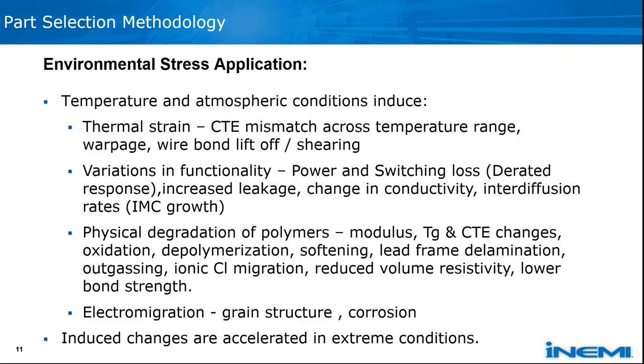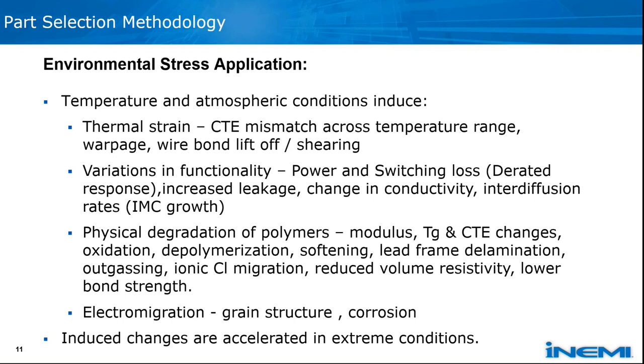So if we look at these environmental stresses, we're looking at the temperature and atmospheric conditions. The thermal stresses induce warpage, bond wire liftoff, and shearing. There's polymer degradation and changes to the material properties. We know that the Tg, the modulus, and the adhesion strength will be modified due to the temperatures.